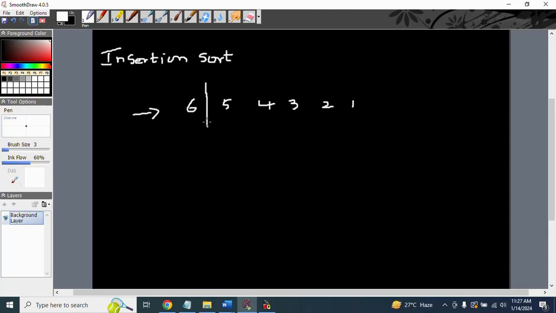The first element, 6, is initially treated as the sorted list, and the remaining part of the array is considered the unsorted list. We are not physically dividing it.